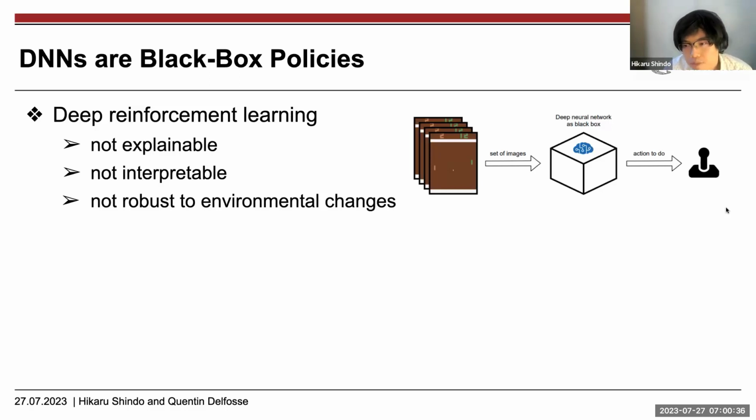It is difficult to explain their decisions and not easy to interpret what they have actually learned. Also, agents purely implemented with neural networks are not robust to environmental changes. As Quentin mentioned, if we change a bit of the environment, they are likely to fail to adapt themselves to the new environment without additional training.